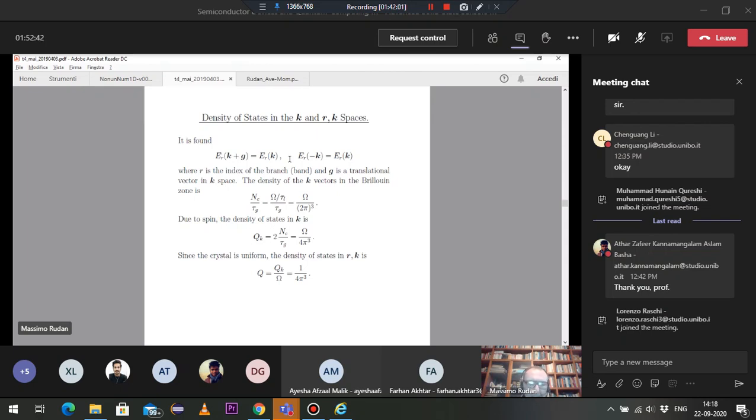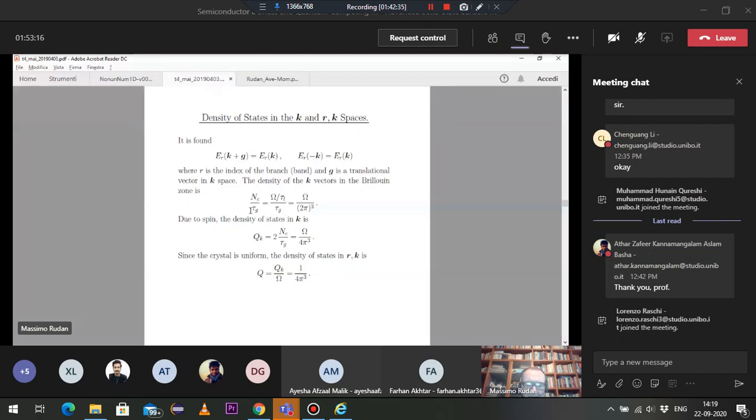So the total number of cells of the lattice is NC. So NC here is the total number of K vectors in the Brillouin zone. Their density, of course, is the total number divided by the volume of the Brillouin zone. So NC over tau G, where tau G is the volume of the Brillouin zone. This ratio is the density of the K vectors, and is a constant, of course.